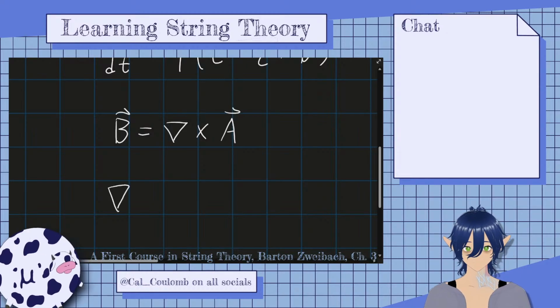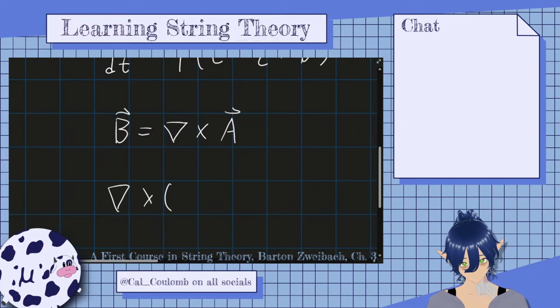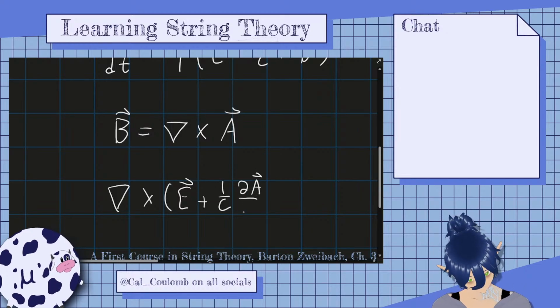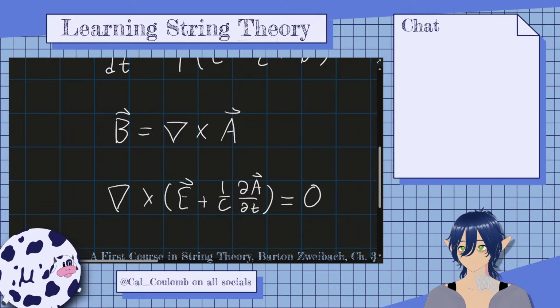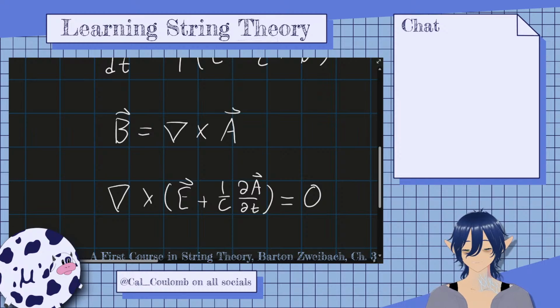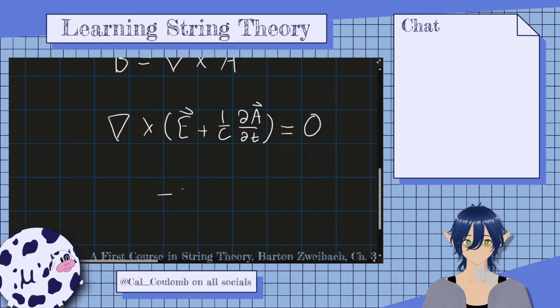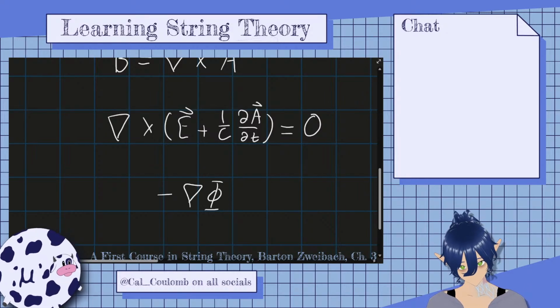So del cross E plus 1 over c partial A over partial t is equal to 0. The object inside the parentheses is set equal to minus the gradient of phi. So that's what they're setting.